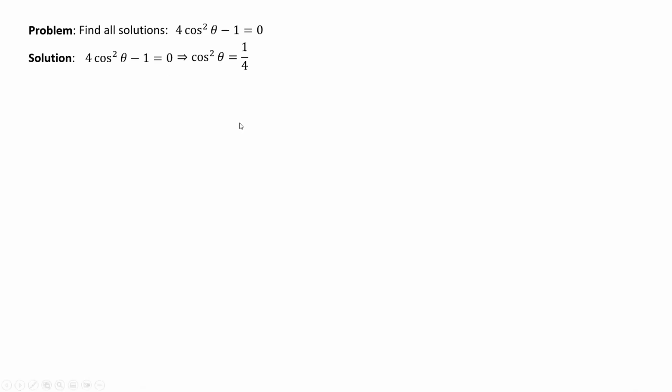Careful, careful. If x squared equals 4, x equals what? Would you say 2? Or would you say plus or minus 2? So be careful here. Cosine square theta equals 1/4 implies cosine theta is plus or minus square root of 1/4. That is plus or minus 1/2.